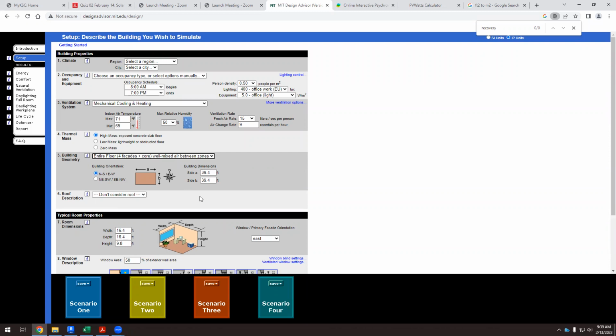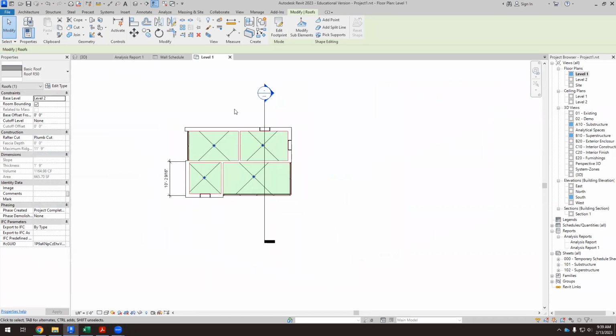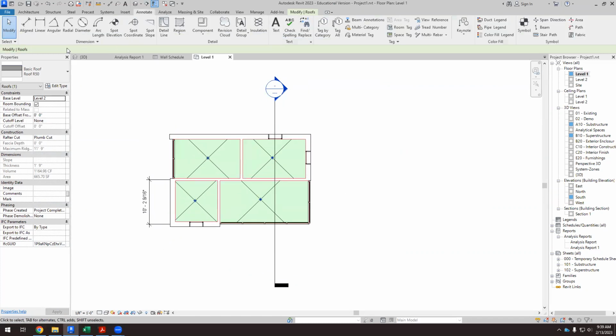And the building dimensions, here we have feet. So instead of the area, we can calculate the size. So I have to go to annotate.